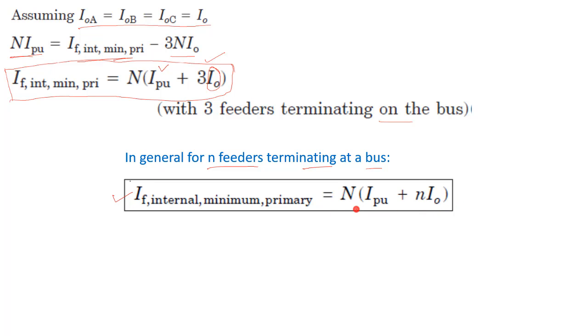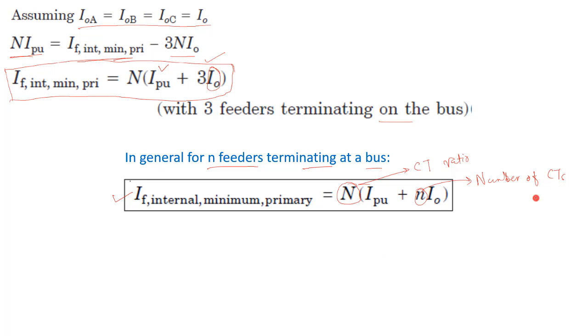Here capital N is your CT ratio, and small n is the total number of CTs.